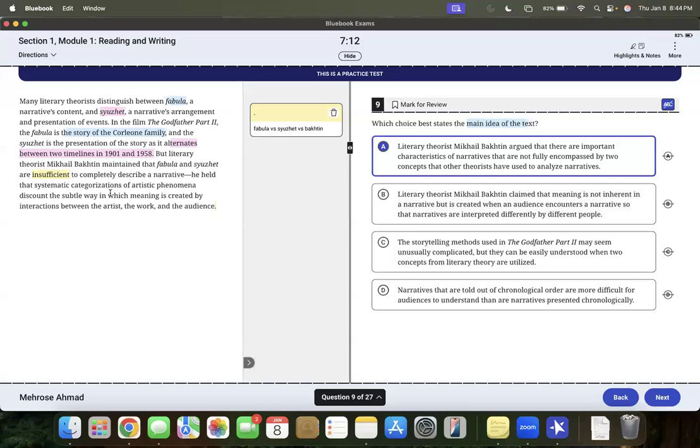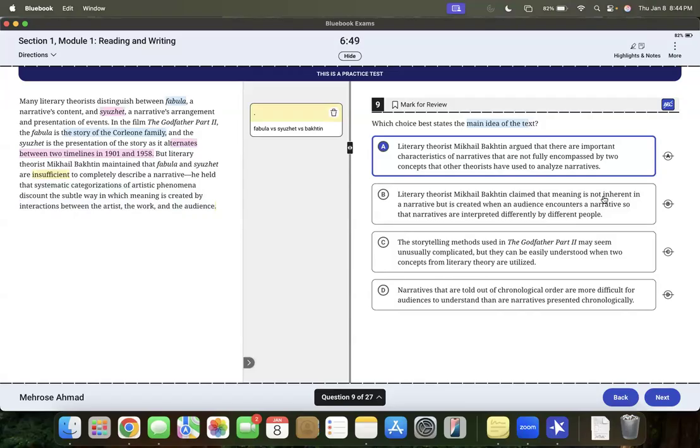He does talk about the interactions between artists, the work, and the audience, but he says that this sort of interaction is really important to art phenomena as a whole, and that these categorizations are discounting that uniqueness.